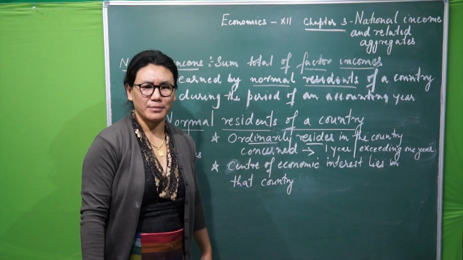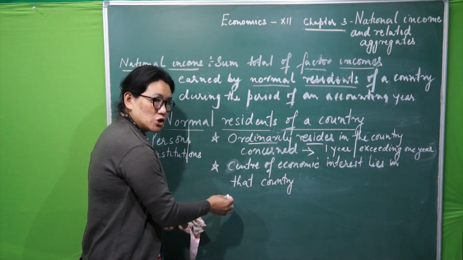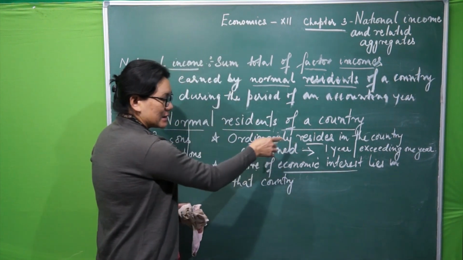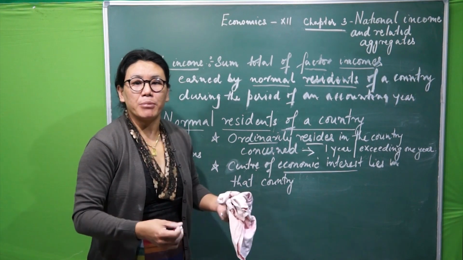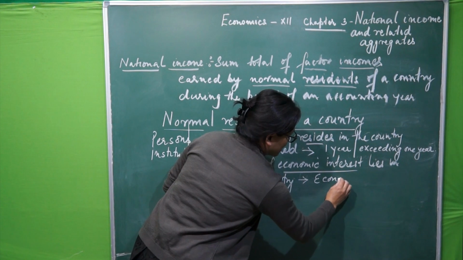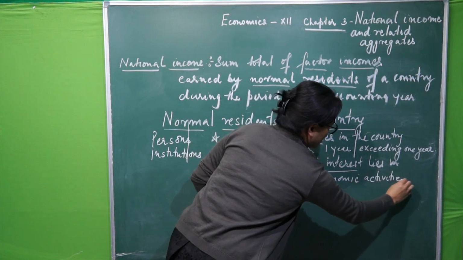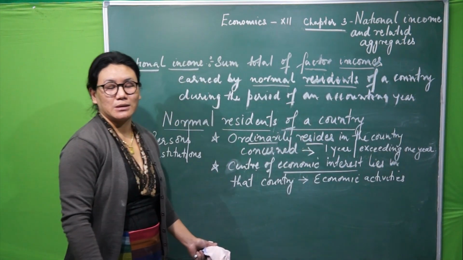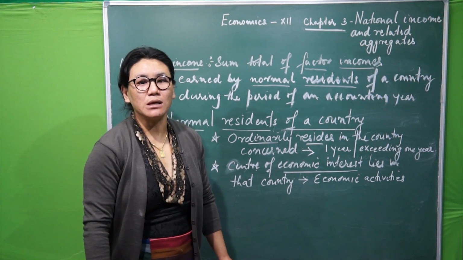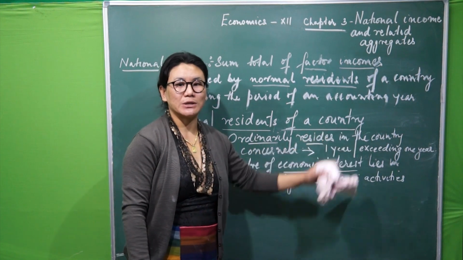The second one is whose center of economic interest lies in that country. What does it mean? It means that the person is performing his economic activities in the same country. Then that person will be called a normal resident of a country.